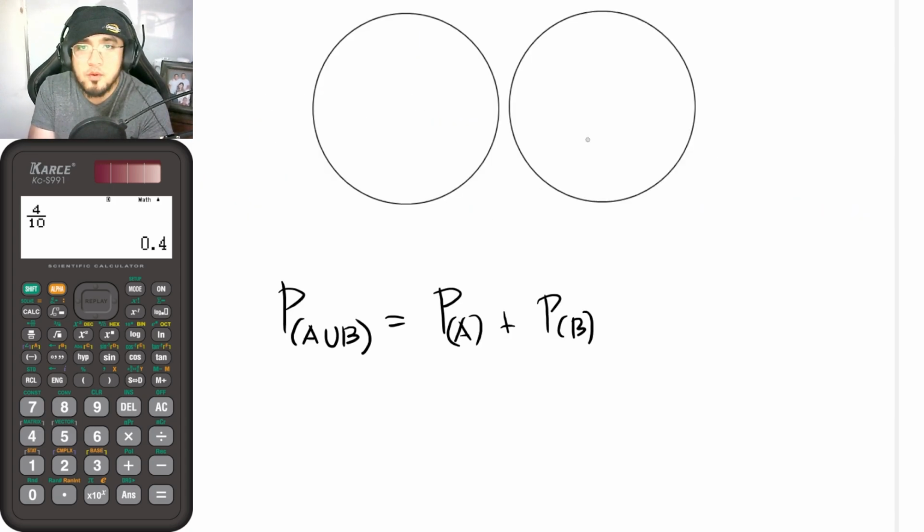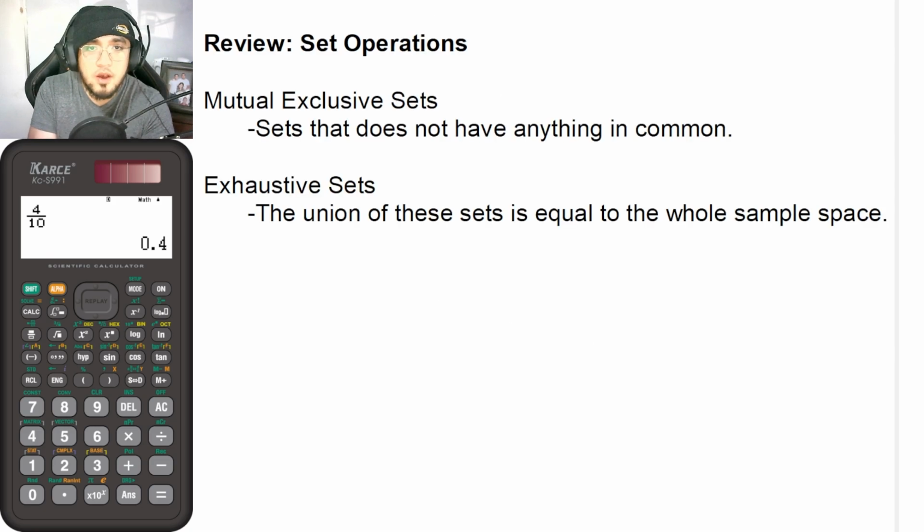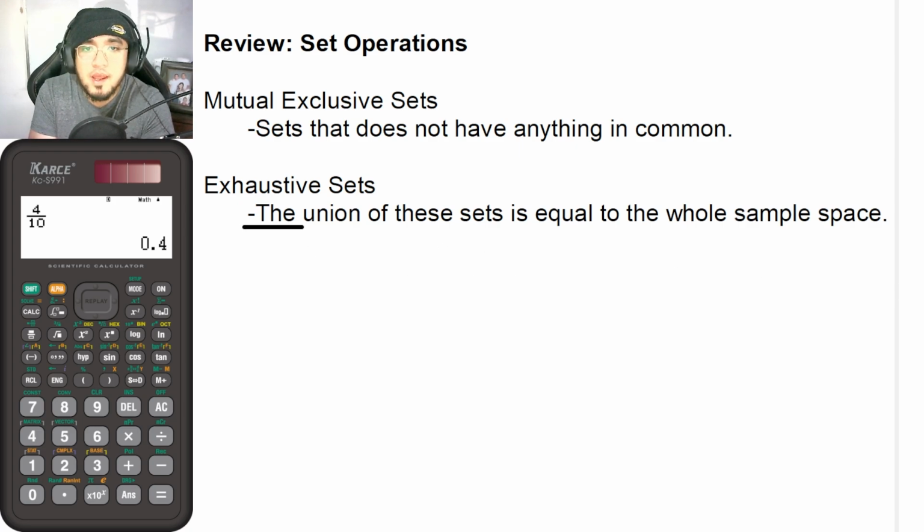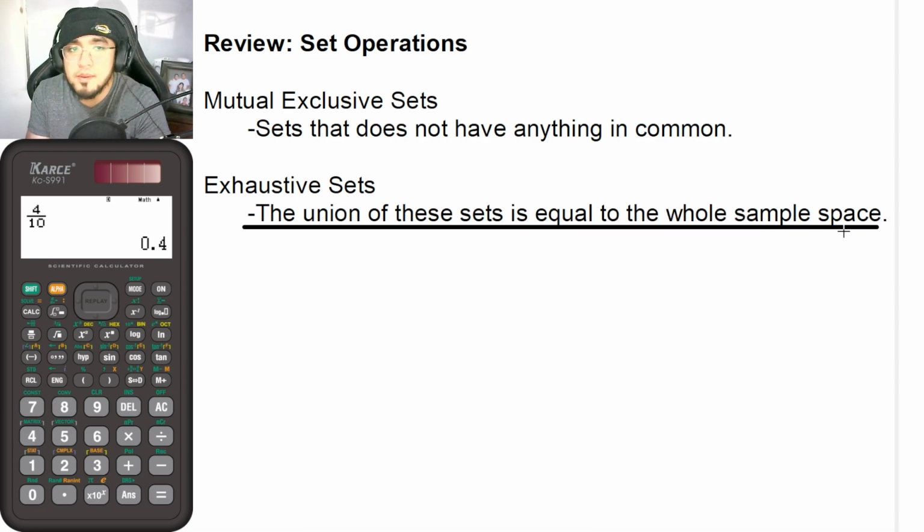So if you would now be looking at this Venn diagram here, since they did not intersect, they are mutually exclusive. Okay, so we also have another term which we call exhaustive sets. When we say exhaustive sets, these are sets whereas if you would be getting the unions of these sets, it is basically equal to the whole sample space.